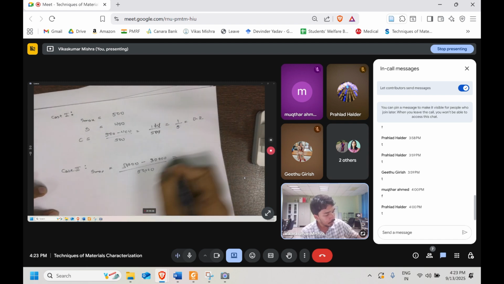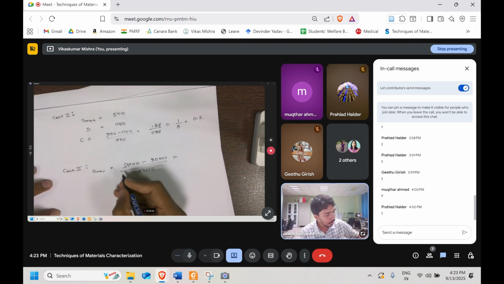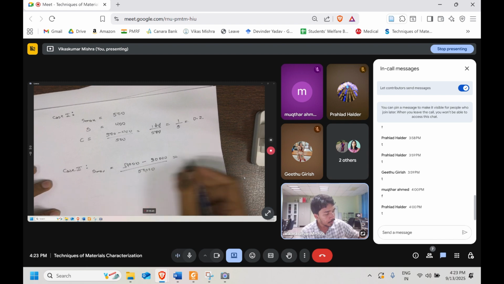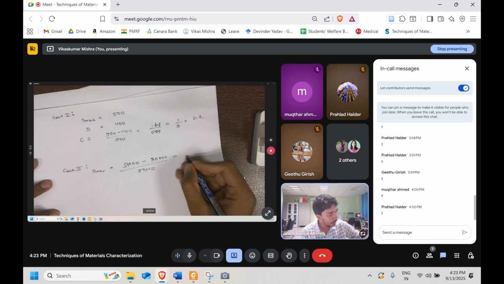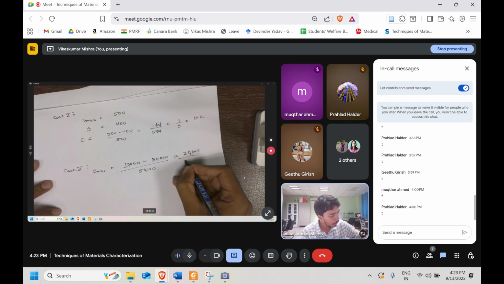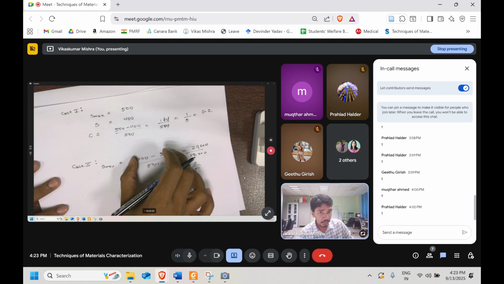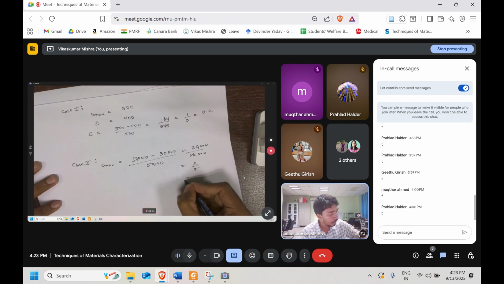In this case, what we are going to get is 20,000 divided by 50,000, which is 2 over 5. So this difference keeps on increasing, while the value we have got is again 0.4.